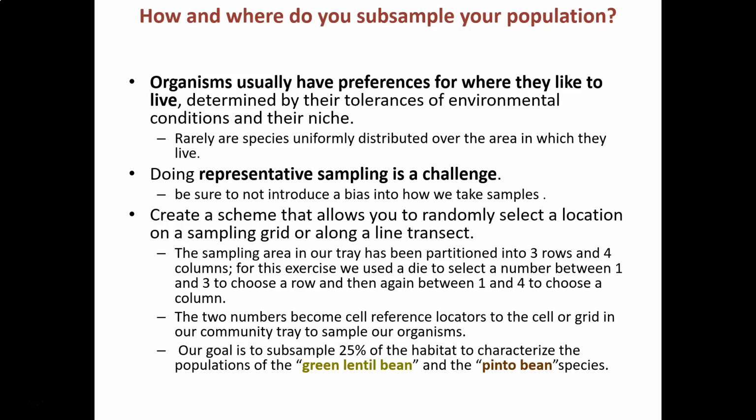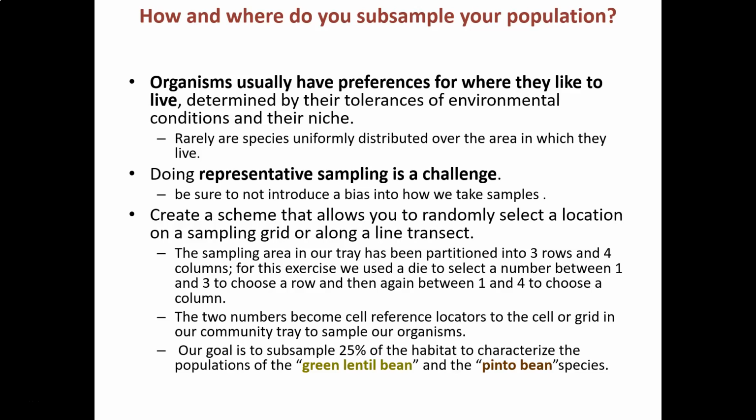Normally, for a given area, let's say the South Shore area or Sandwich Beach, you create a hypothetical grid over a map of Sandwich Beach or Cape Cod Beach, and then you randomly pick certain grids in that map to go and sample.